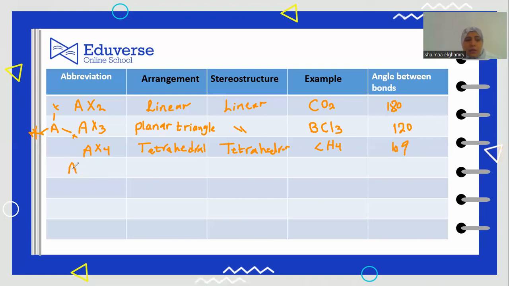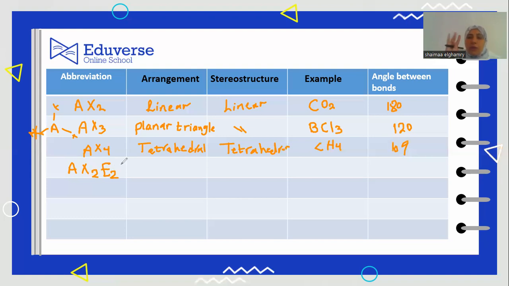Another example, AX2E2. Now the lone pairs of electrons start to appear. The central atom is surrounded by how many things? It is surrounded by 2 atoms and 2 lone pairs of electrons.